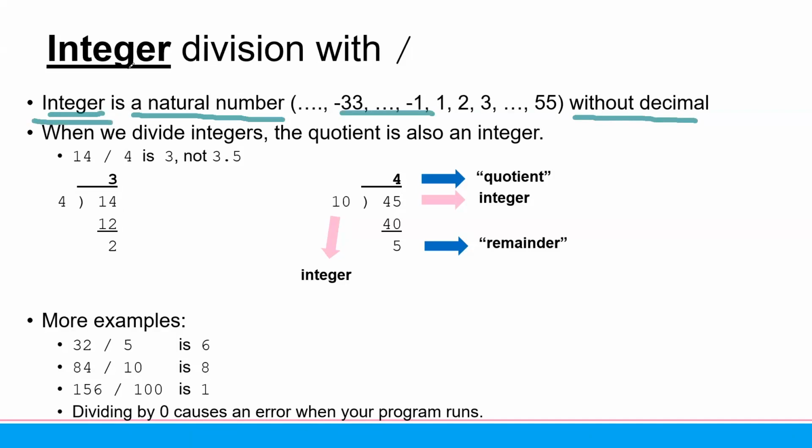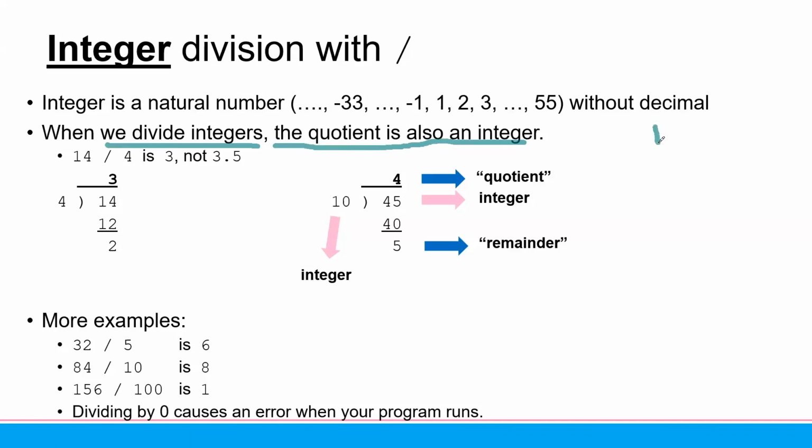So the integer division with the slash means we want to get the value when we divide integers, and the quotient is also an integer. What does it mean? Now let's see.